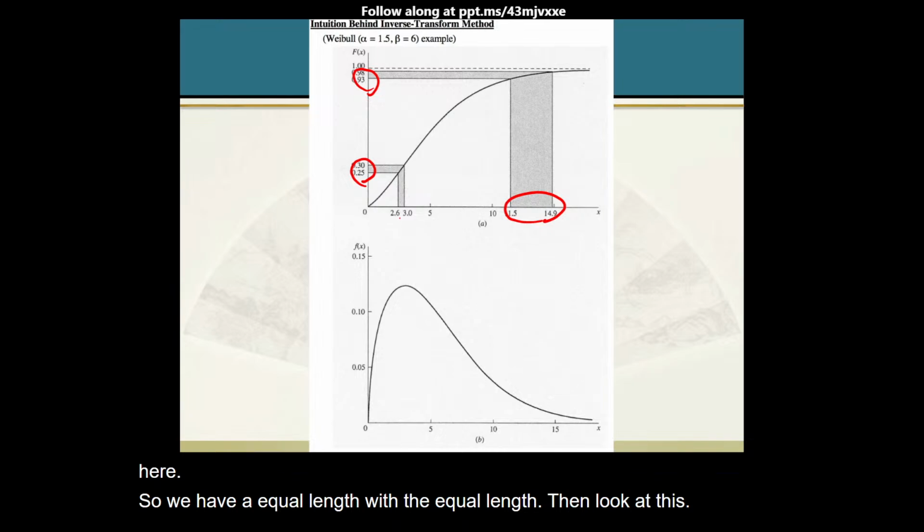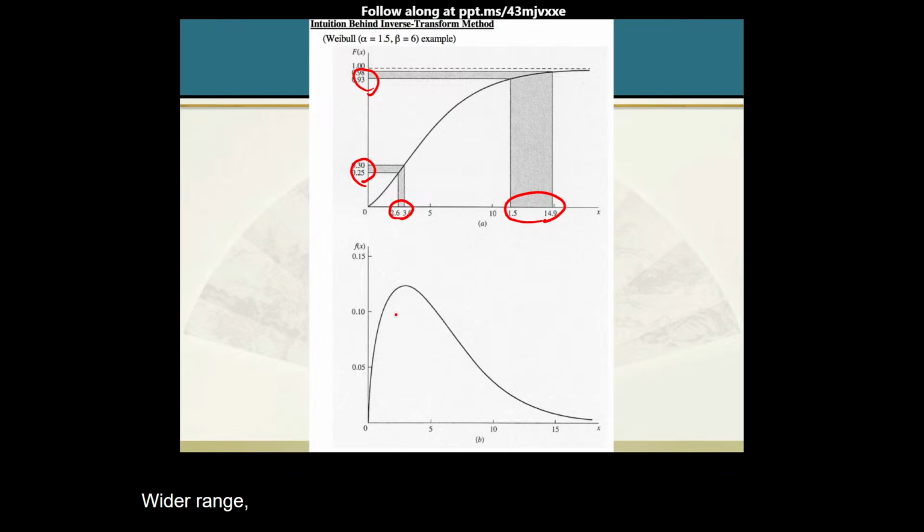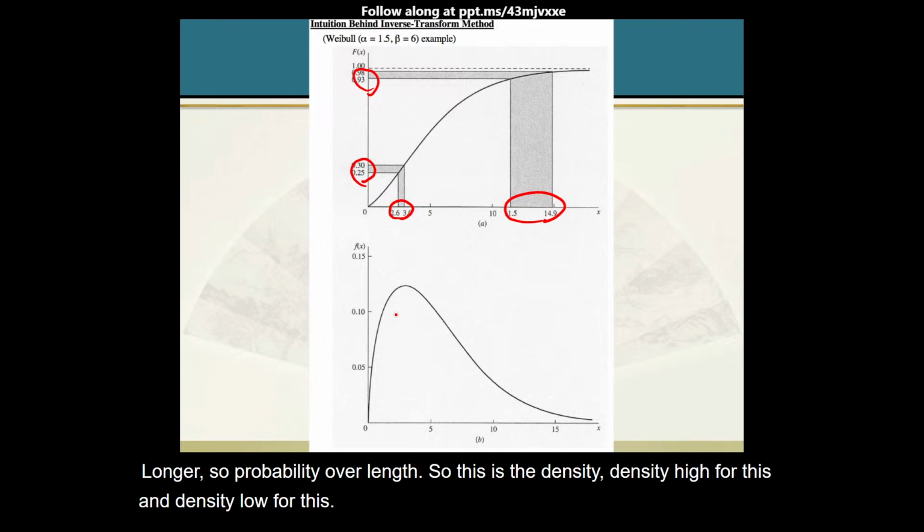Wider range, smaller range. That says the common probability, but the interval here is shorter, longer. So probability over length, this is the density. Density high for this and density low for this. That's correct.